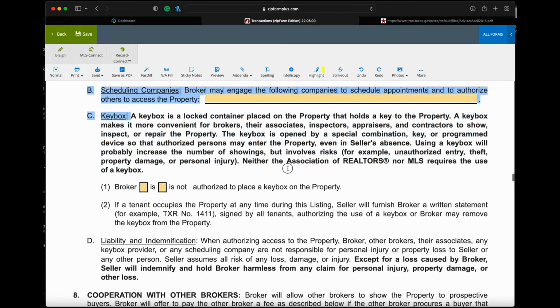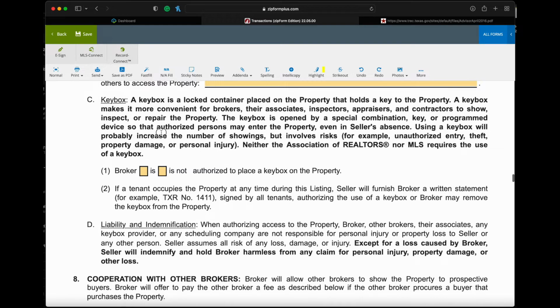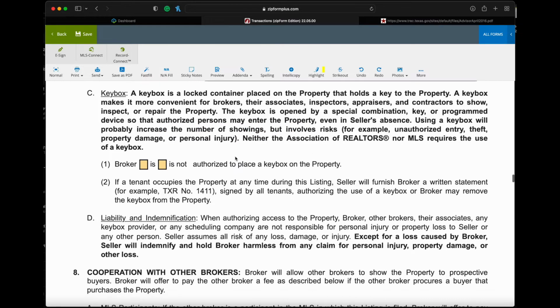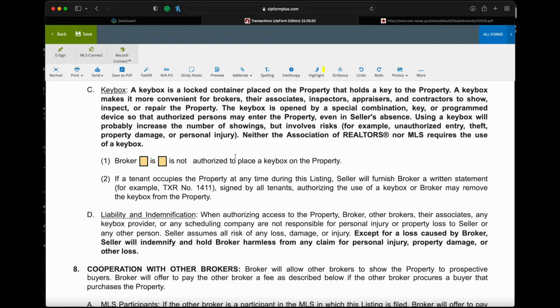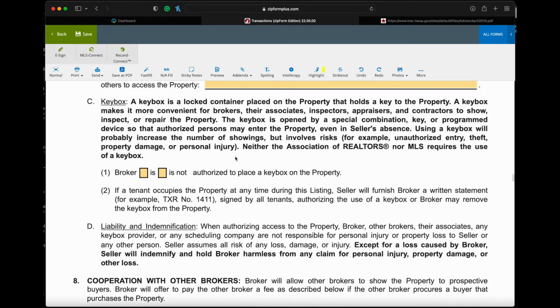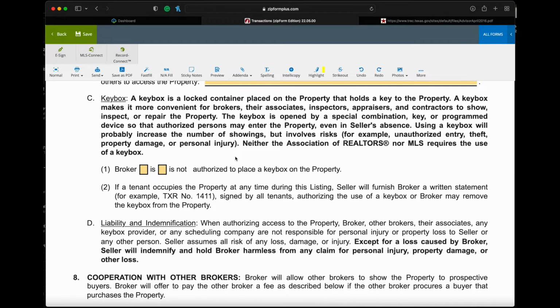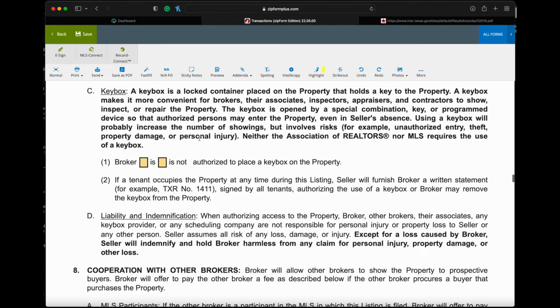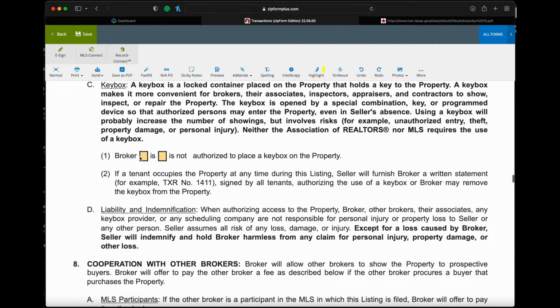It's opened by a special combination or program device so that authorized persons may enter in the seller's absence. It tells them it will increase the amount of showings, but involves some risk, like unauthorized entries. The risk is very minimal. I've never really heard of anybody breaking a lockbox to break into the house. It's easier just to break the door or a window than to break those boxes. And then, very important, make sure one of these is checked.